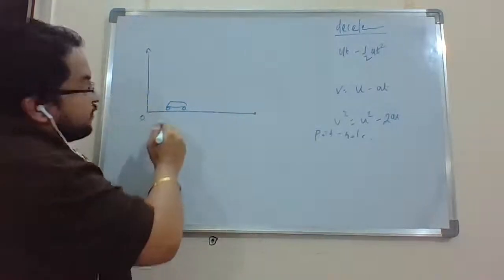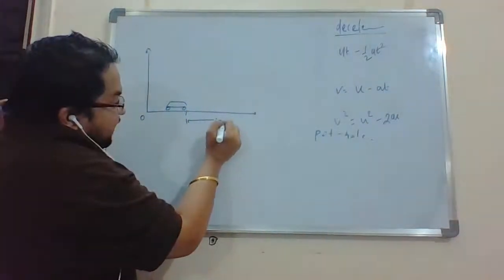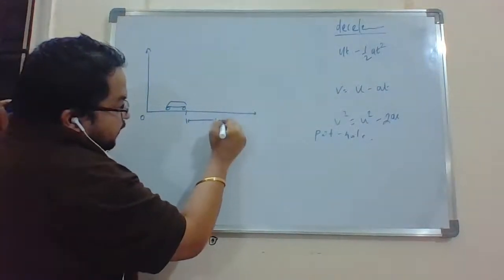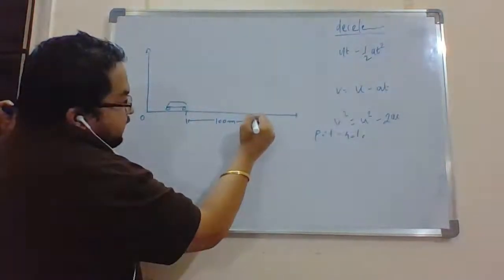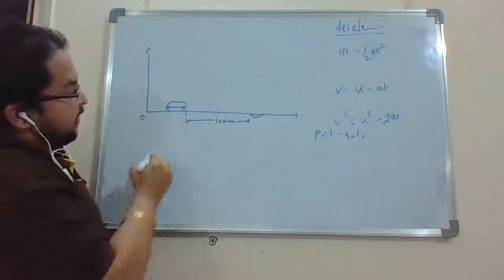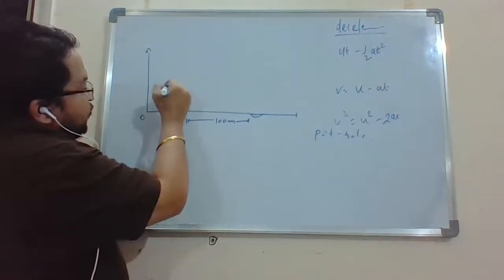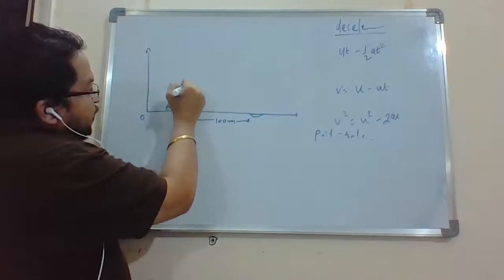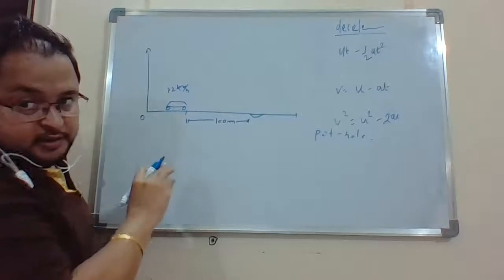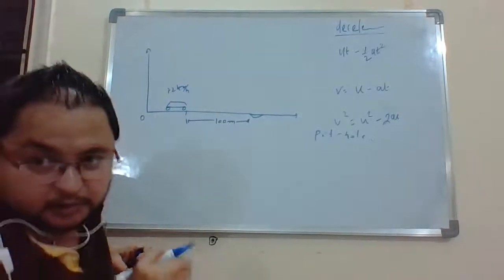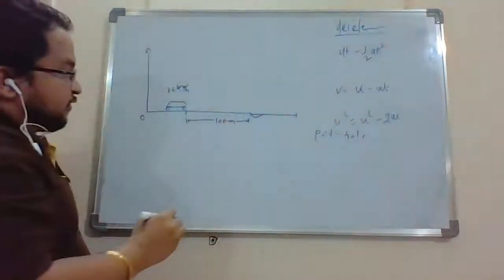From here the person sees that at a distance of 100 meter there is a pothole, and he is moving at 72 kilometer per hour. So he applies a brake so that he can stop before it.